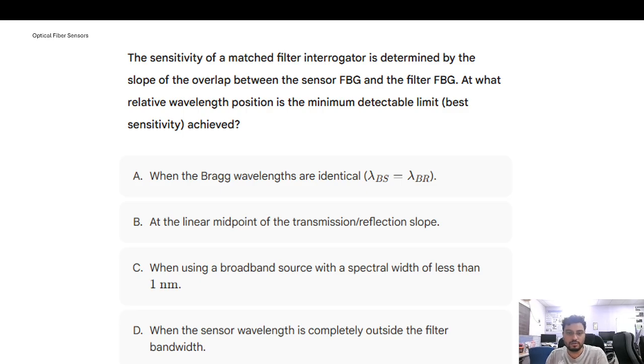So when they are identical, the peak of overlap, the slope will be 0. At the peak of overlap, slope will be 0.